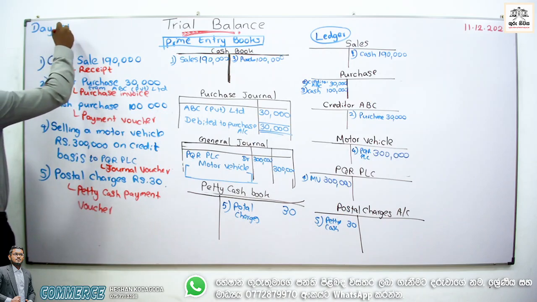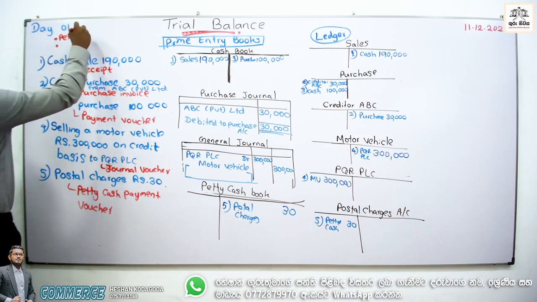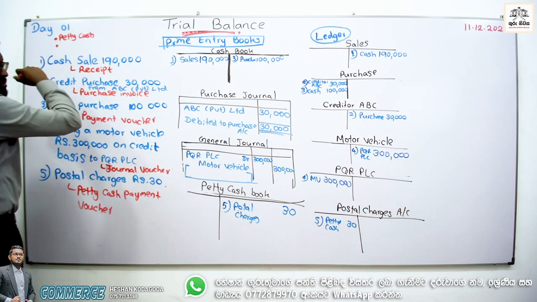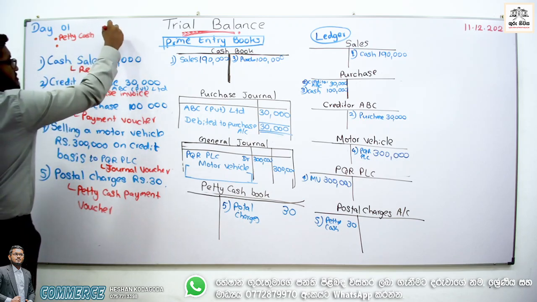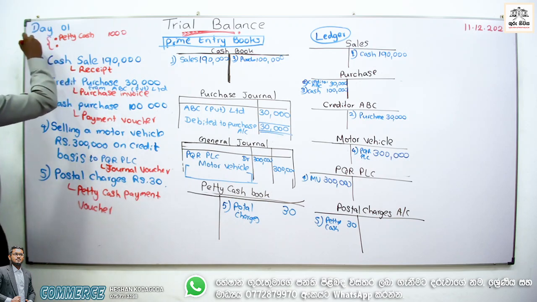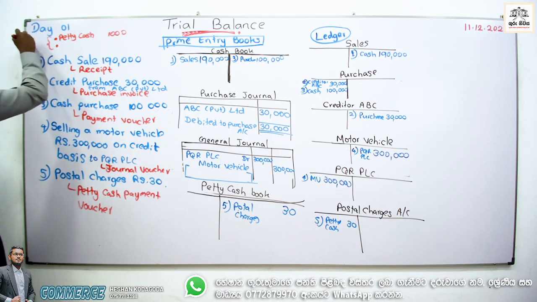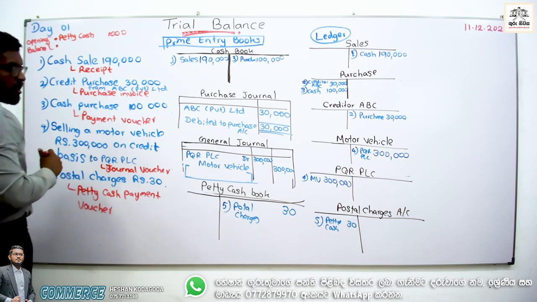So I'm going to write opening balances like this. Petty cash, let's take rupees 100 balance. These are the opening balances. Petty cash, let's take 100.